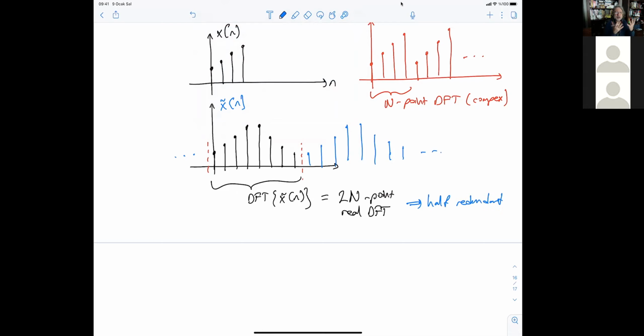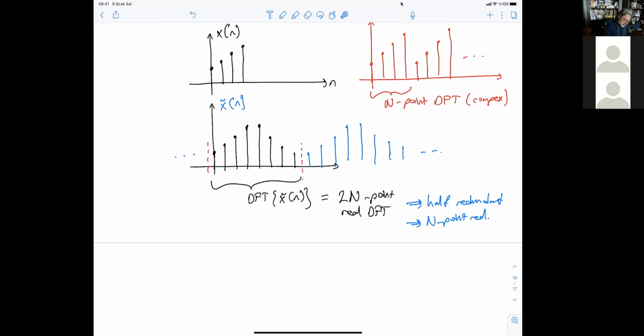Because the conjugate of the first half will be equal to the second half, and they are already real, so there is no conjugation necessary. The 2n point real DFT will be real and symmetric. So because of the symmetry, I can chop off half of them. So n point real will be here.